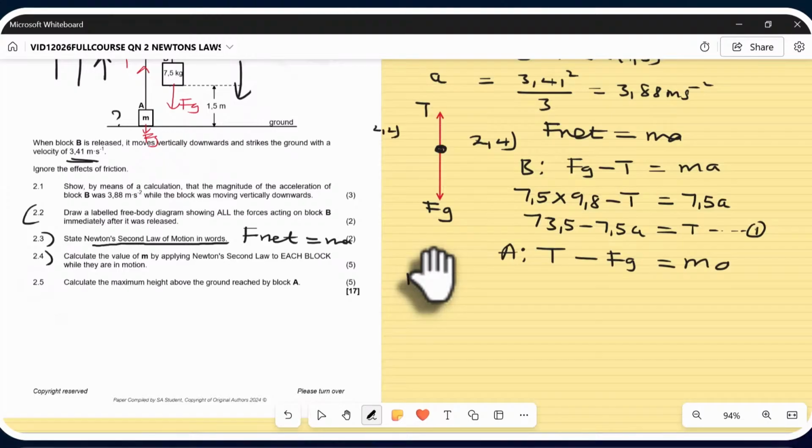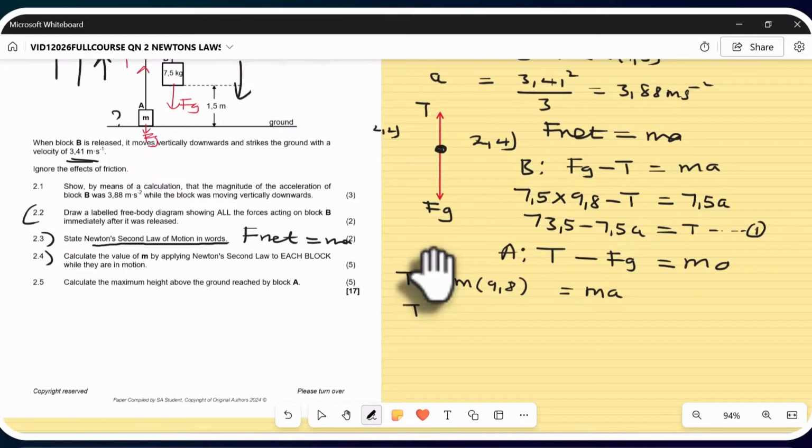That's going to be m times a. So from here, we can set our T equals ma plus 9,8m. And so this is equation 2.